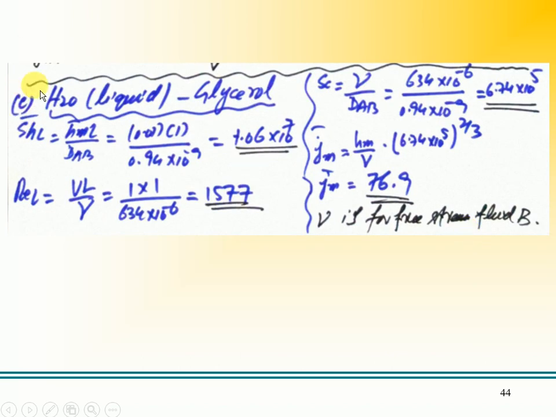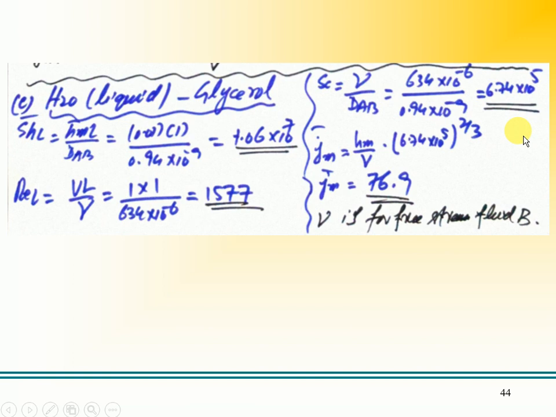Now let's go for liquid water and glycerol. For this case, the Sherwood number h bar m L, we have h bar 0.01, L, and DAB is of course that of glycerol, so it is 1.06 times 10 to the minus 7, and Reynolds number is rho V L by nu, no problem. And Schmidt number is of course nu over DAB. We know the value of nu, and we put it here.